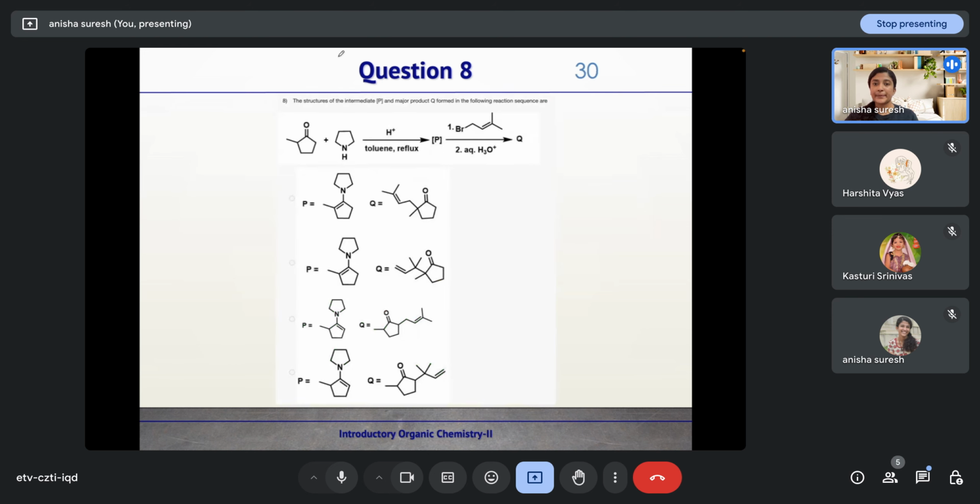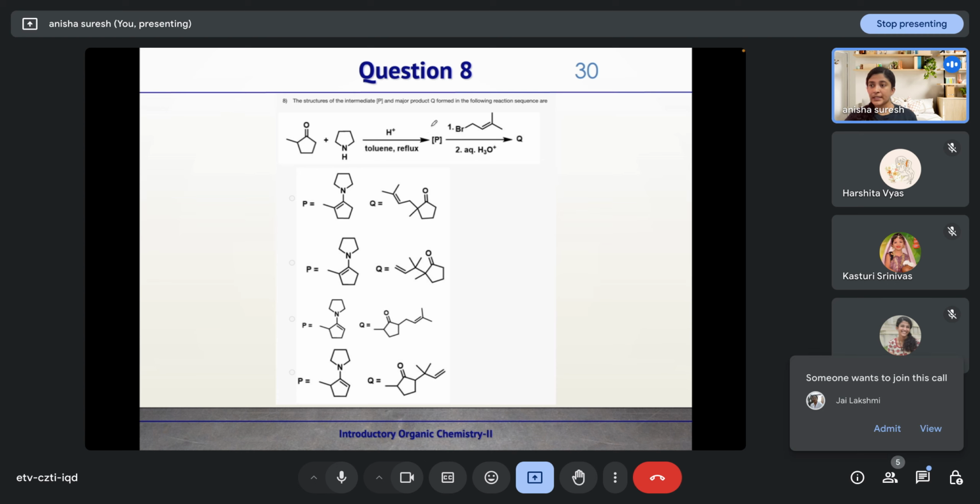Now coming to question number 8. The structures of intermediate P and major product Q formed in the following reaction sequence are asked. So we have 2-methyl cyclopentanone and pyrrolidine. This leads to formation of an enamine in the presence of H plus. So that is the intermediate.